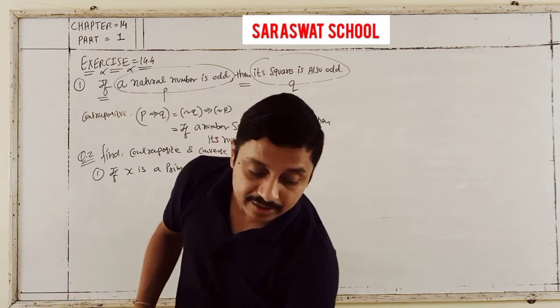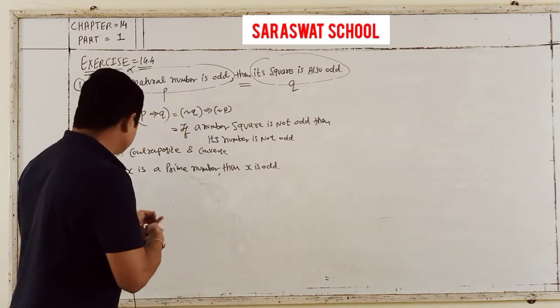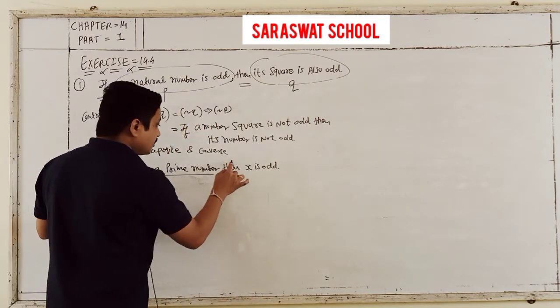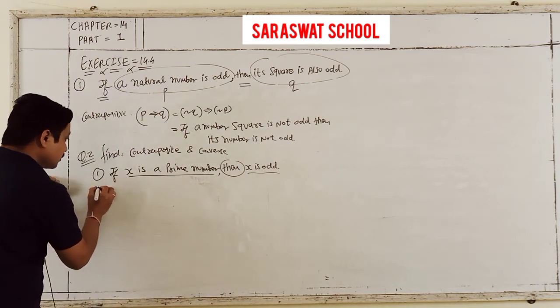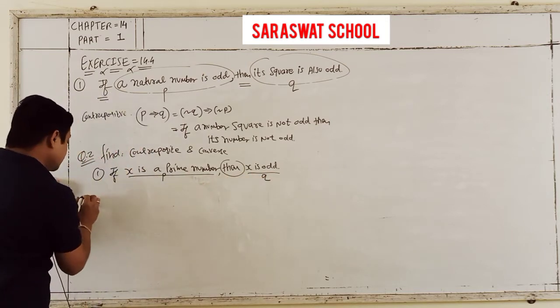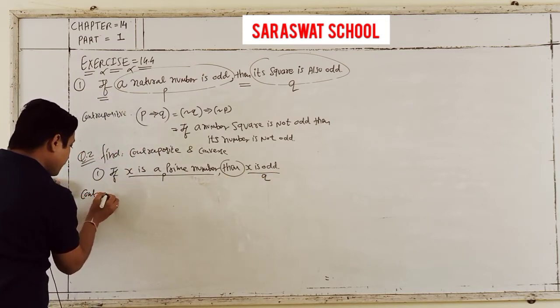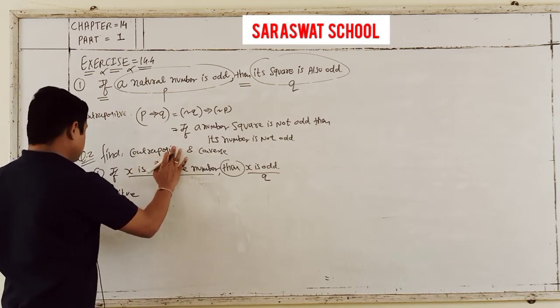So we go ahead, students, and method wise I will slowly explain. This is your P, and after that is your Q. That's the P, that's the Q. And I will explain the contrapositive first.